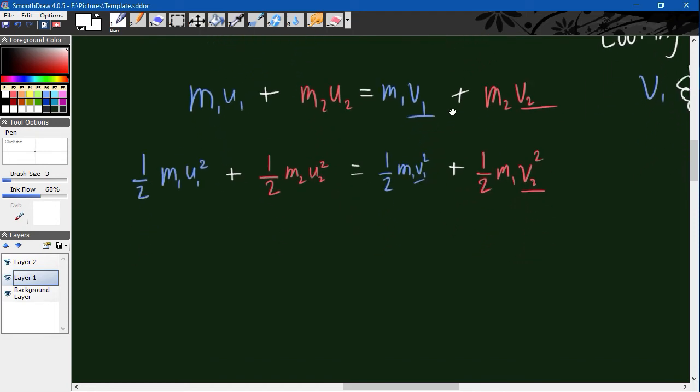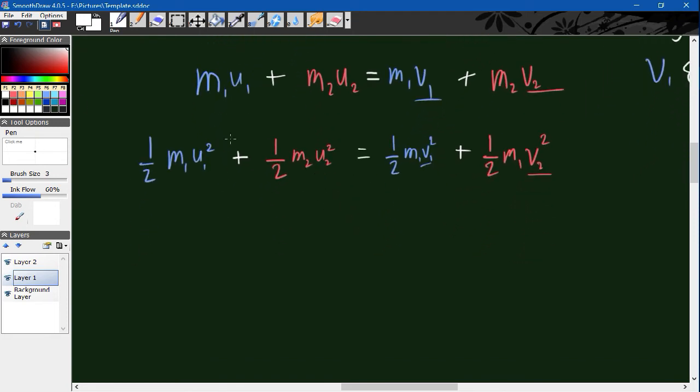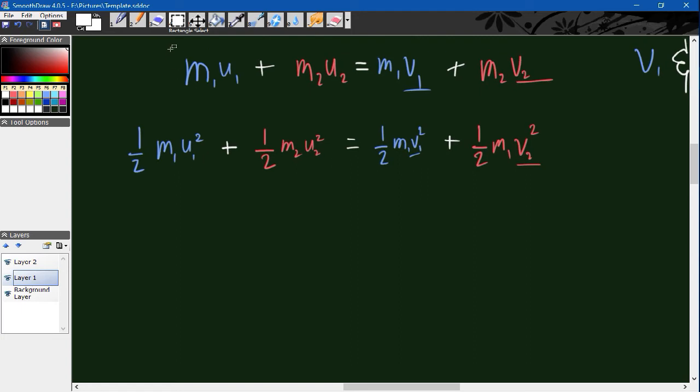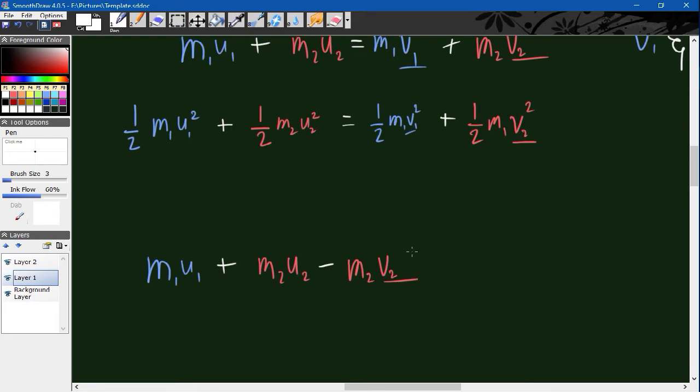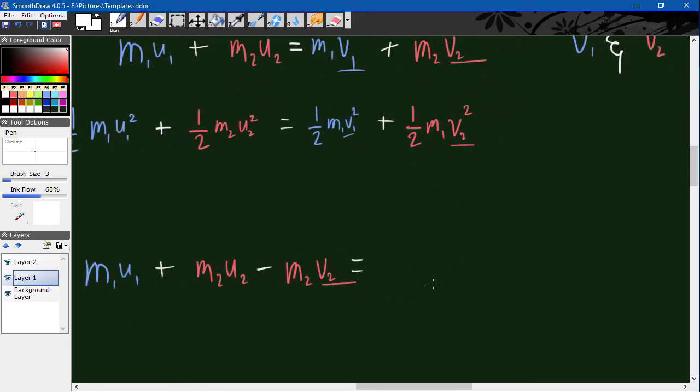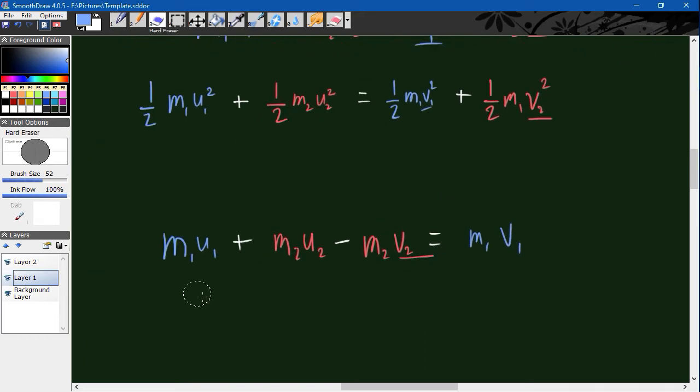Now, this is where it gets really messy. Okay, so we'll start working. First, what we could do is transpose this term to the other side, so it's going to be minus, is equal to m1v1, and then we could divide it all by m1 to isolate that poor thing, m1.